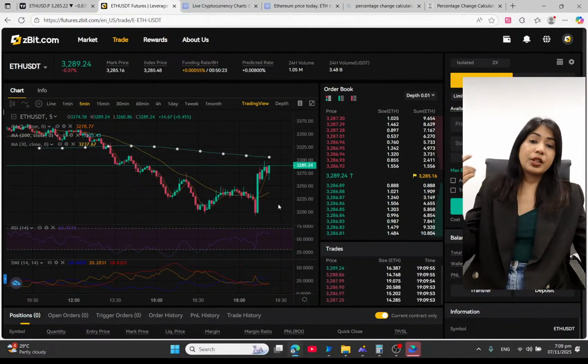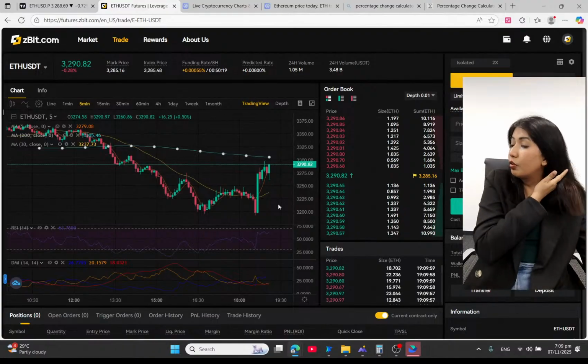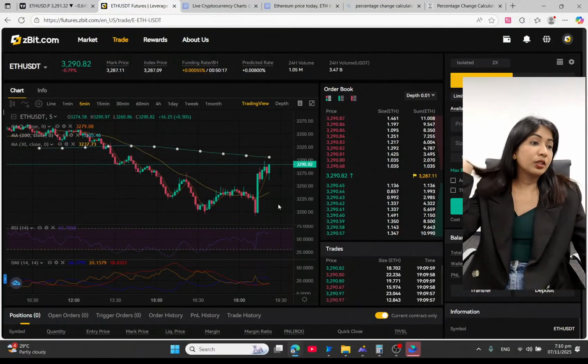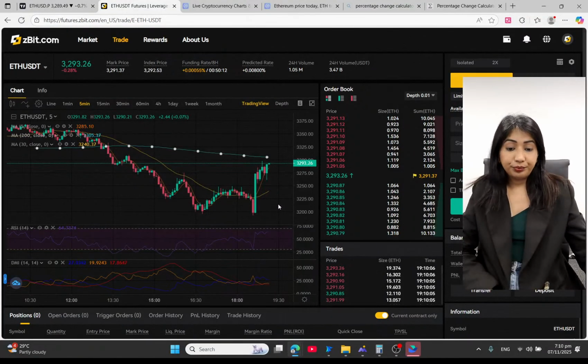Guys, we're not capturing this long trade because the overall trend looks negative. We're not capturing the long trade here.